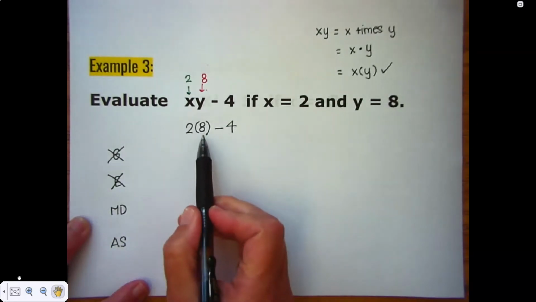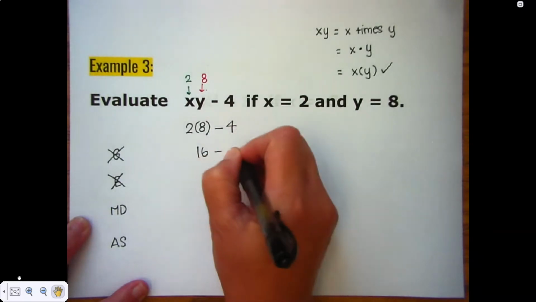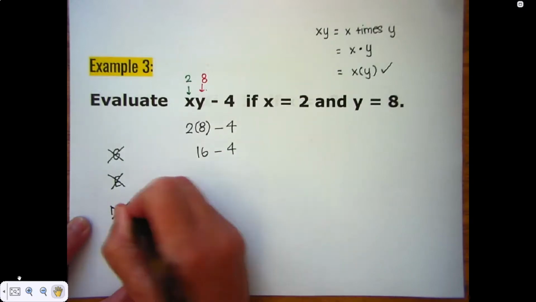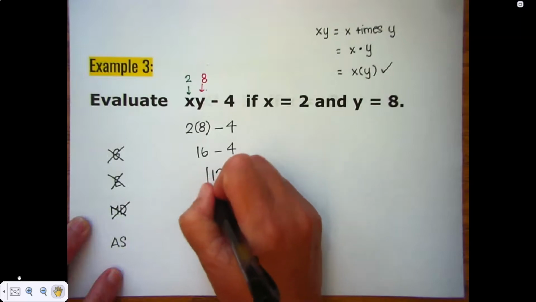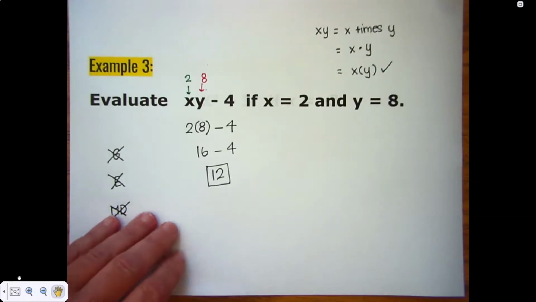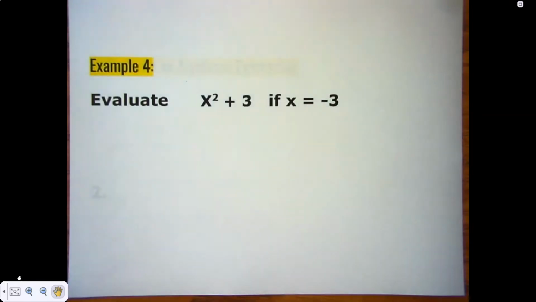Yes, it has 2 times 8. So I'll do 2 times 8 and get 16 minus 4. No more multiplying or dividing there. And then add or subtract. 16 minus 4 is 12. So 12 is my answer for that problem. So when you need to show multiplication, I want you to use parentheses to do so.